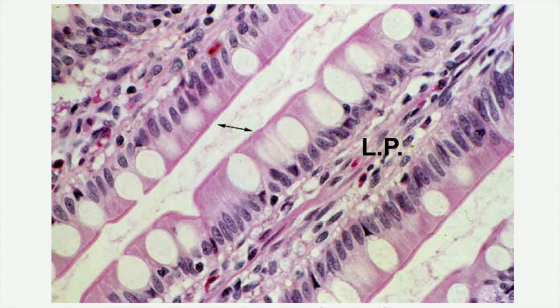The most common is the columnar absorptive cells or enterocytes, and it is provided with a large number of microvilli. These microvilli are demonstrated by this red line here, by the red fine striations here, and these of course increase the absorption by 20 times as we have said before.